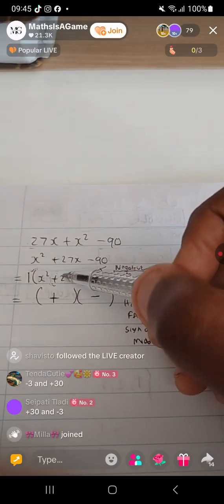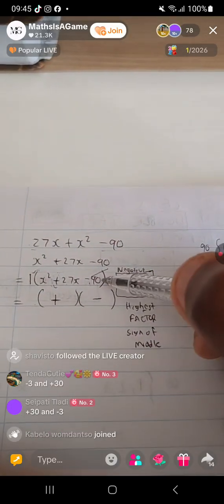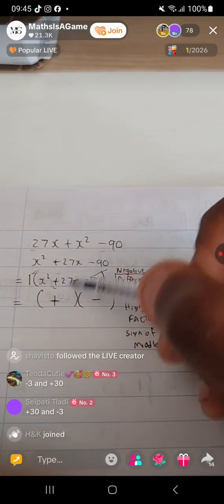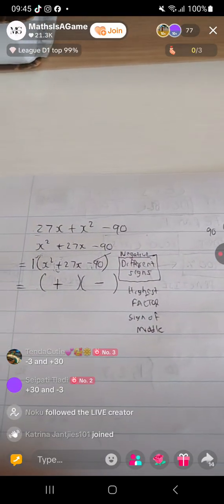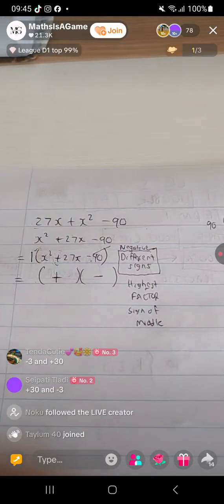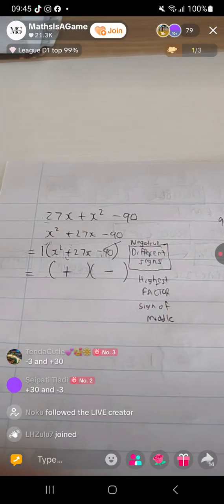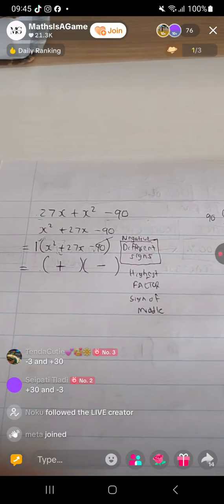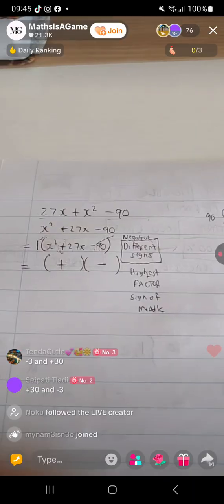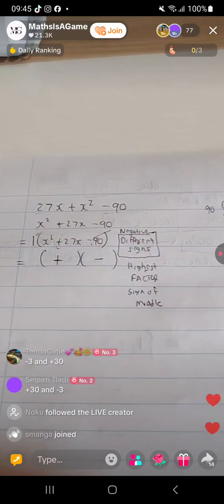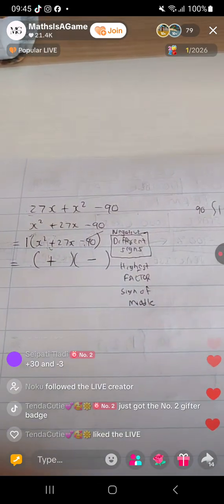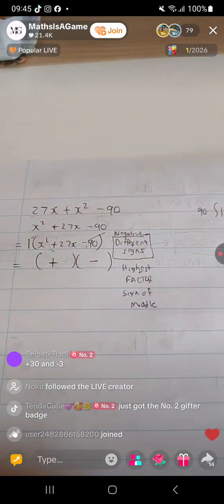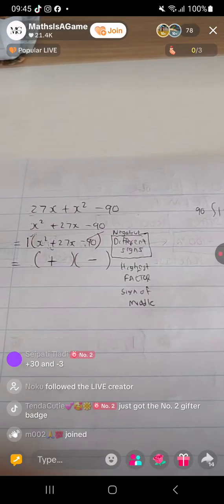But now, since there's a positive sign there, the highest factor of 90 is going to have the sign of the middle term. Please register that. Understand the concept. Internalize it. Then apply it correctly, consistently every time. You won't go wrong, guys. But if you don't first listen to the concept, then you are going to have a tough time applying the concept correctly.